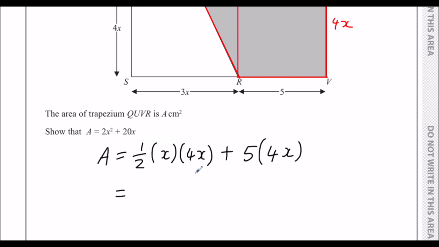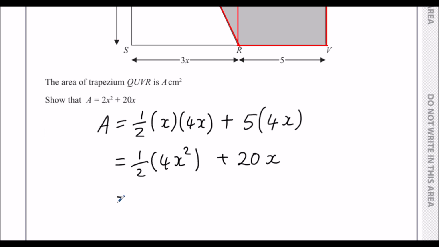So let's simplify this, and we should get 2x squared plus 20x. So x times 4x is 4x squared. 5 times 4x is 20x. And half of 4x squared is 2x squared. So 2x squared plus 20x.